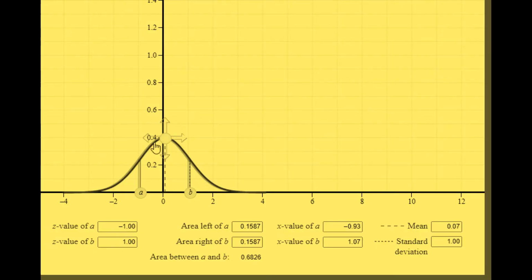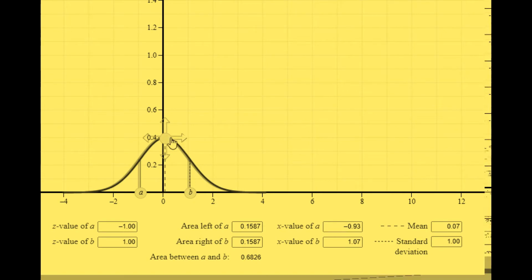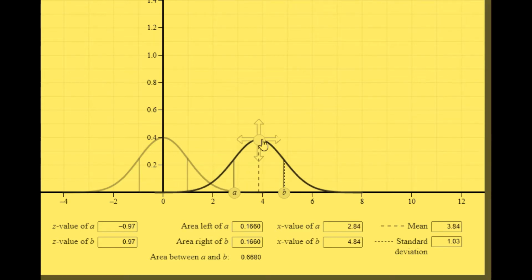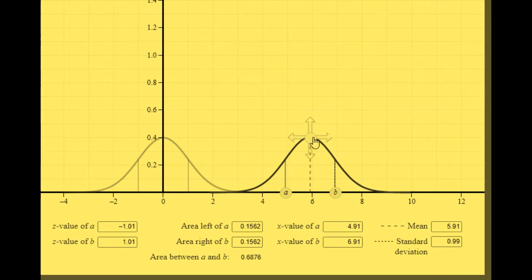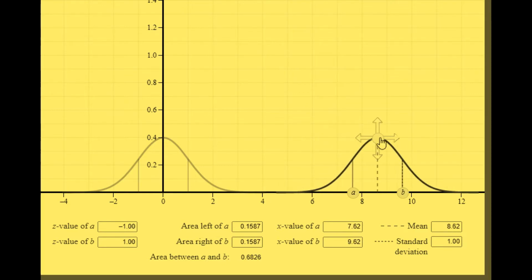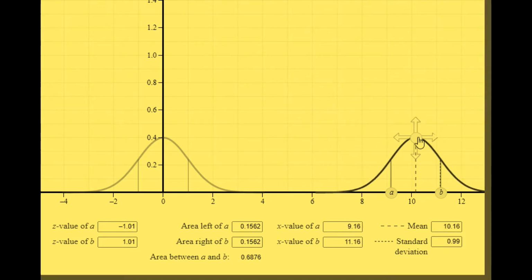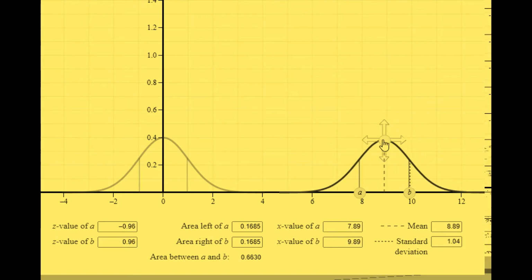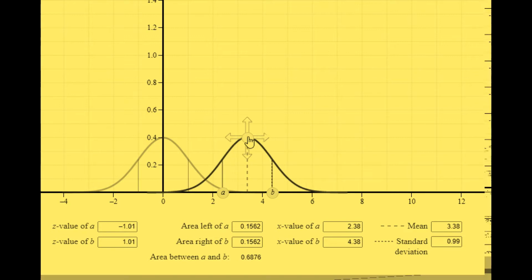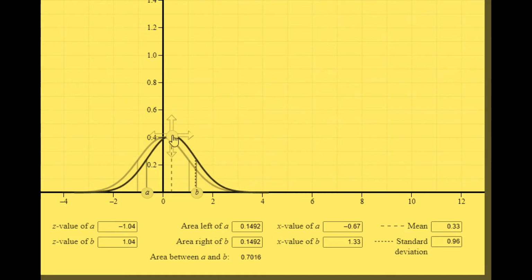So in this app, you have a normal curve. When it is shifted to the right, the mean changes because the center of this curve shifts. The center of the curve, which happens to be the mean, changes. The same way, when I move this curve to the left, again the mean changes, but the standard deviation is kept constant.